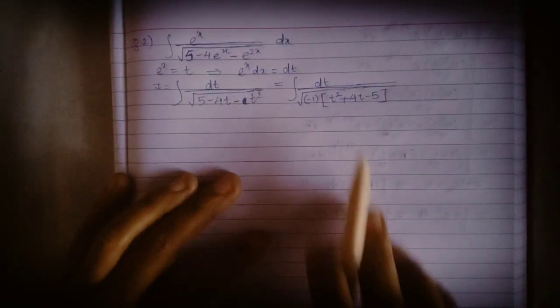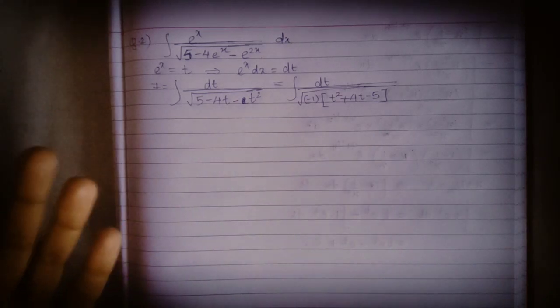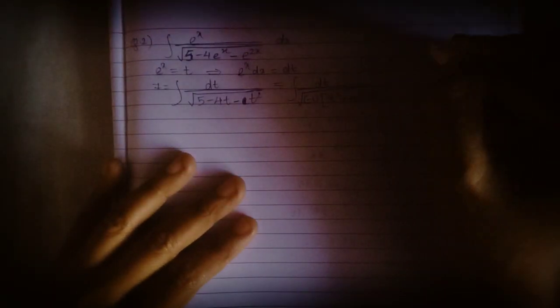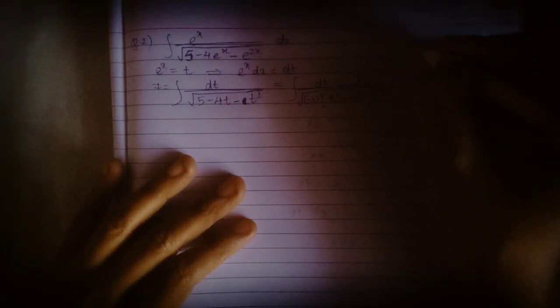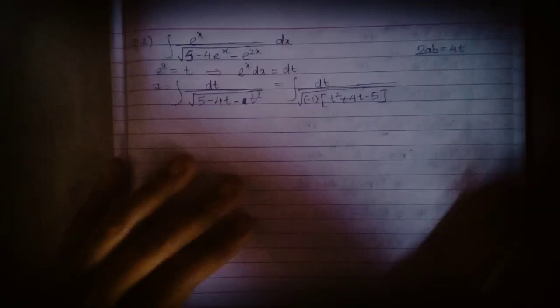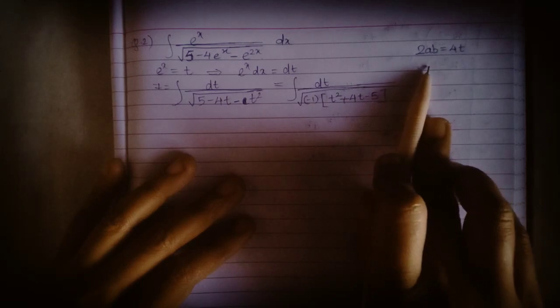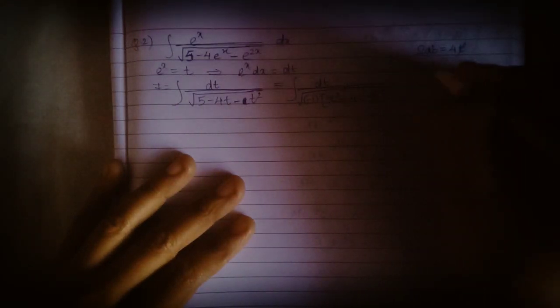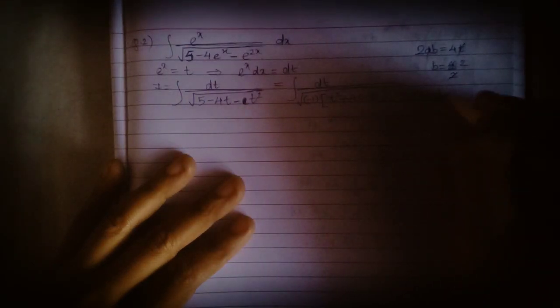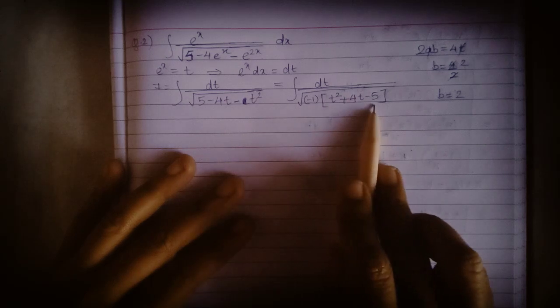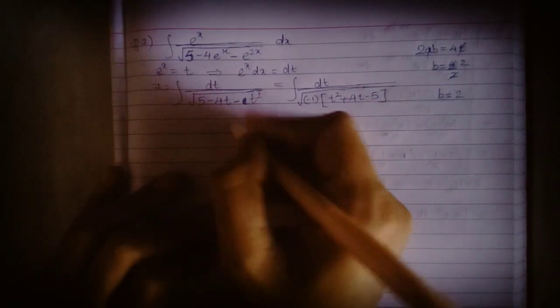Okay, now we have to write it in the form a plus b the whole square. So we have here t square plus 4t, so our 2ab term is 4t. Okay, and we know a term a is t, so b will be 4 upon 2, which is 2. So b is 2. So we have to add and subtract 2 square.